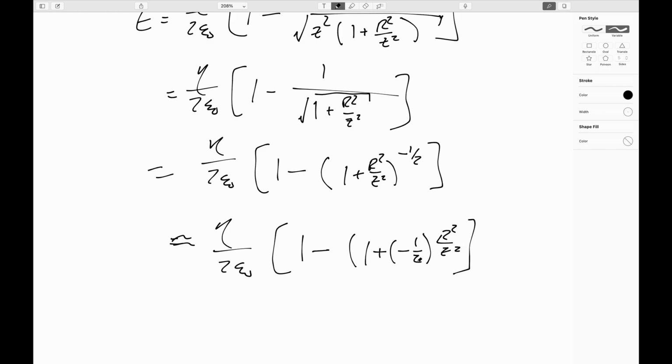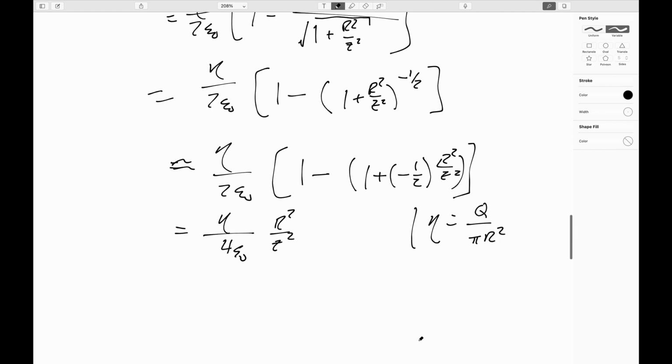So 1 minus that 1 will cancel, and then minus a minus a half gives me a half. So this becomes eta over 4 epsilon naught r squared over z squared. Now, what we've got to do is put back in that eta was q over pi r squared.